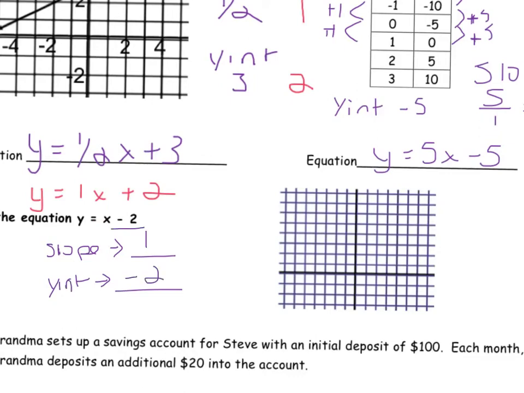So we're going to start on my y-axis at negative 2, and a slope of 1, rise over run, up 1 over 1. So up 1 over 1, put a point, up 1 over 1, put a point, up 1 over 1, put a point, until you have a lot of points that you can use as your guide.